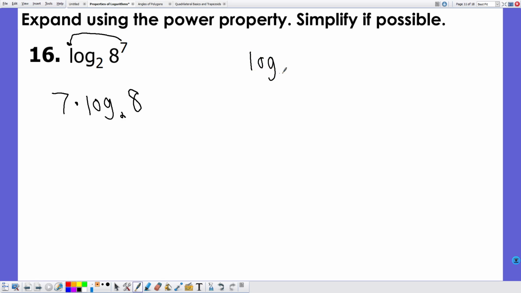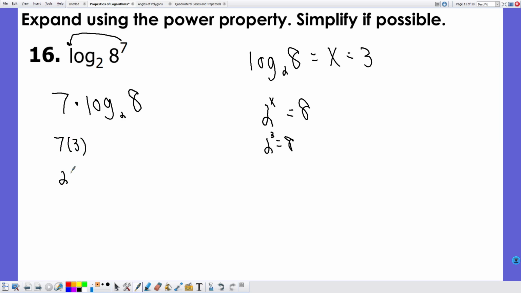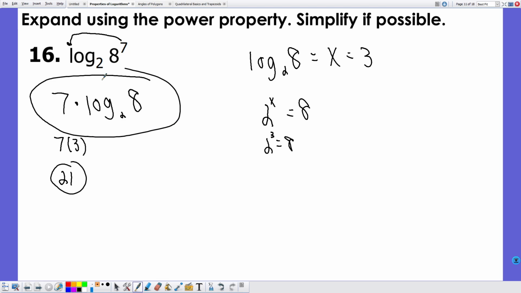Log base 2 of 8 equals some value x is saying that 2 to the x power is 8. Then that would mean x is equal to 3, because 2 to the 3rd power is 8. So log base 2 of 8 is 3. So this is really 7 times 3, which is just 21. But just remember the important part, which is you can simplify it like that.